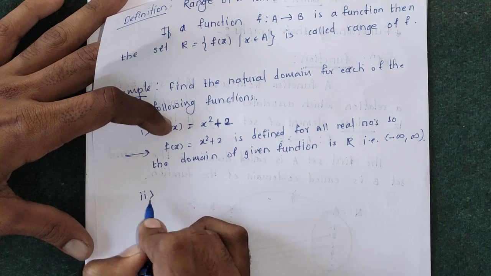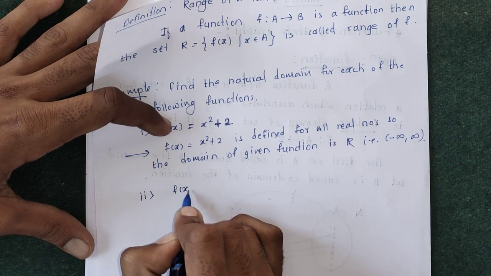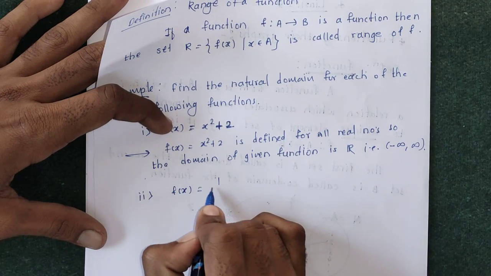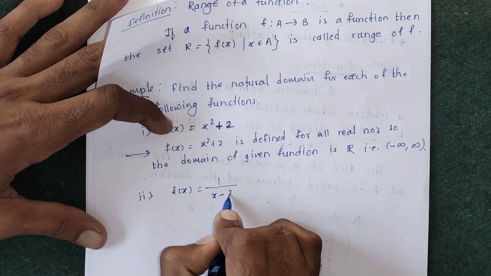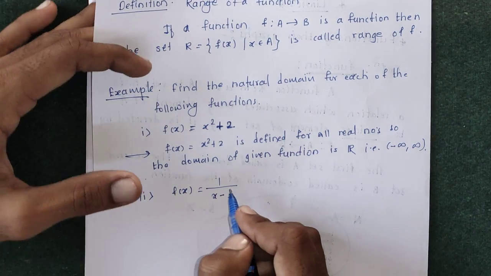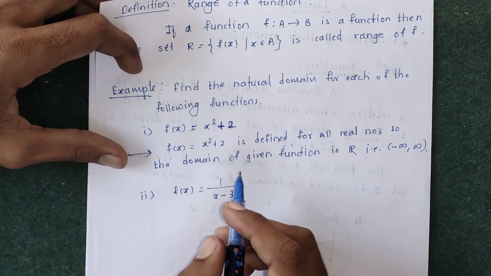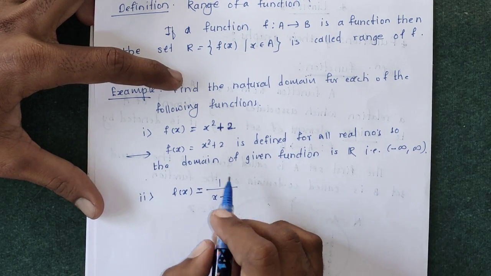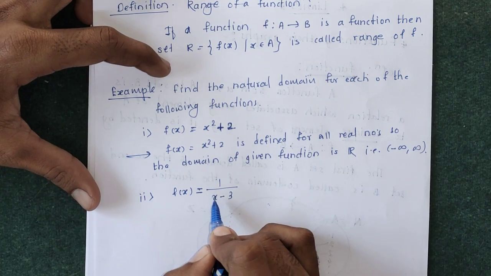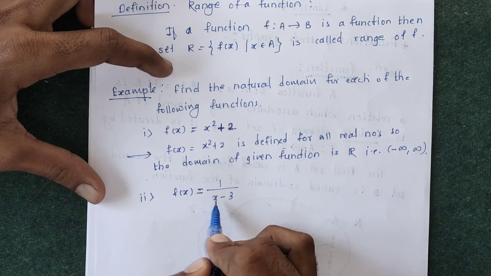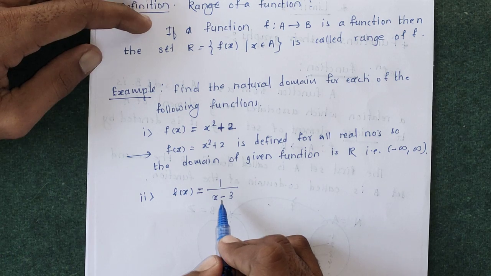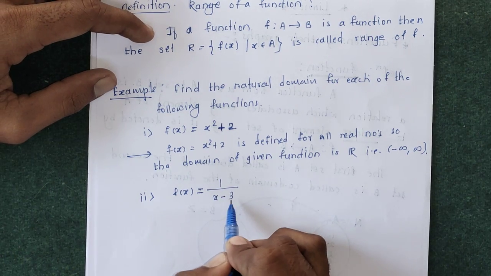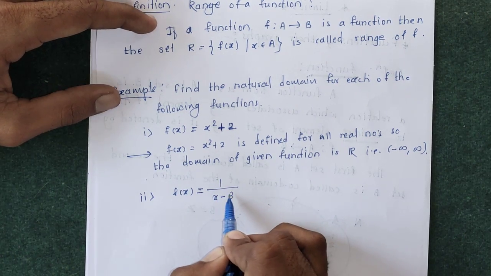Now the second example is f of x is equal to 1 upon x minus 3. Now clearly, if we put x equal to 3, then we get 1 upon 3 minus 3, which is 0, and 1 upon 0 is infinity.